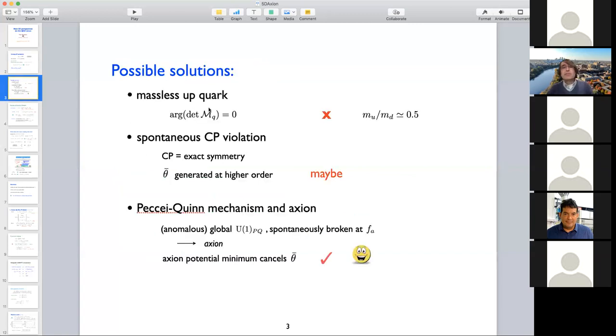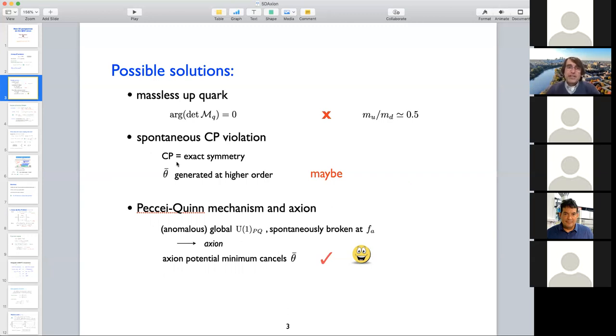Because the problem has been around for a long time, a lot of thought has gone into solving it. The simplest way to solve it would be to assume, and this was plausible in the early days of QCD, that the up quark is massless. If the up quark is massless, then this phase theta is no longer physical, and you can rotate it away because you basically now have a chiral symmetry.